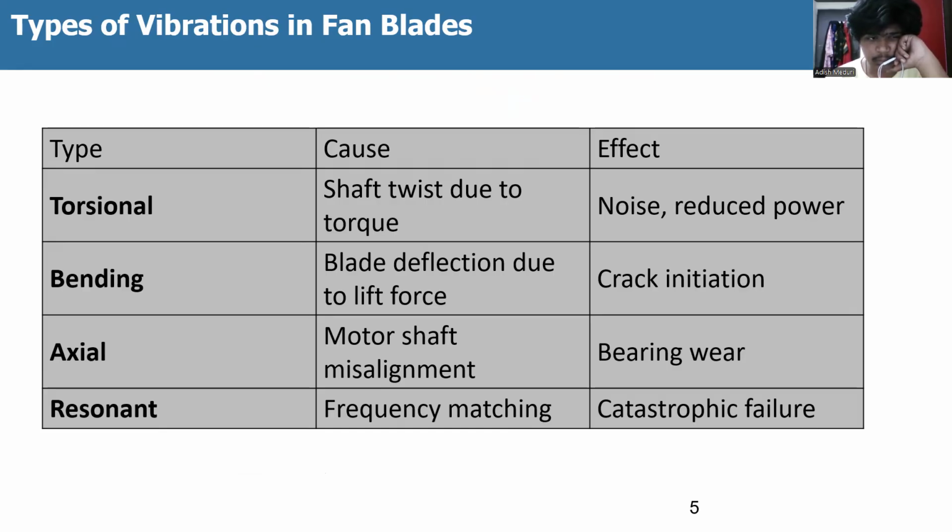Bending: the cause is blade deflection due to lift force, and the effect is crack initiation. Axial: the cause is motor shaft misalignment, and the effect is bearing wear. Resonant: the cause is frequency matching, and the effect is catastrophic failure.